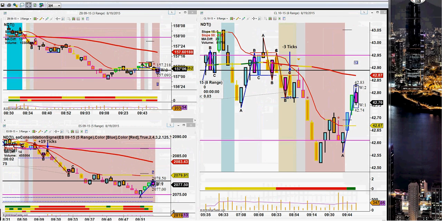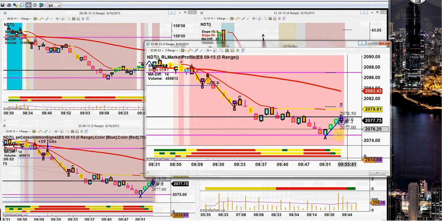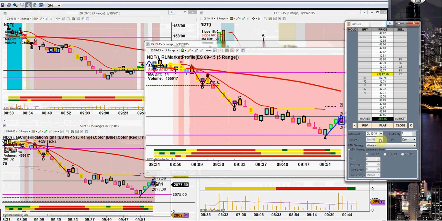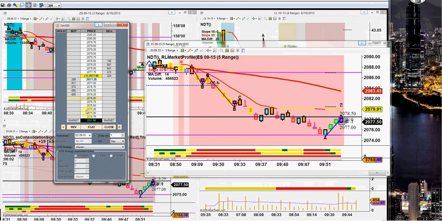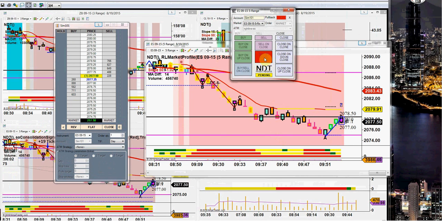Alright guys, we're going to sell the ES on a down close. Selling the ES on the down close.